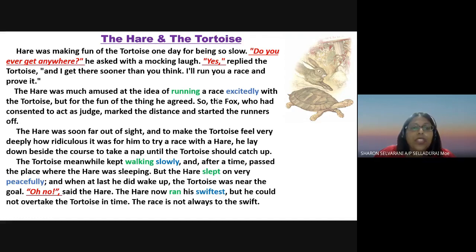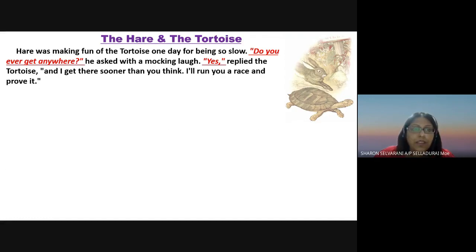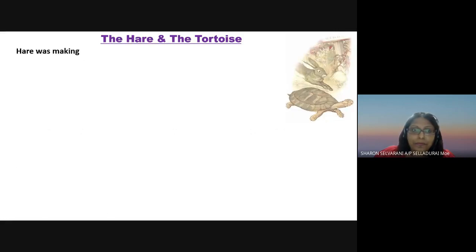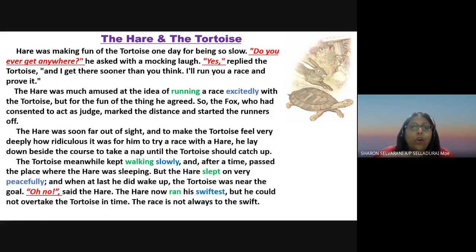When you see the first one, you don't have that. You don't have those conversations. The conversations here are actually the voice of the characters. Like just now, I told you, you must make the people speak. So in this story, the people are the hare and the tortoise.